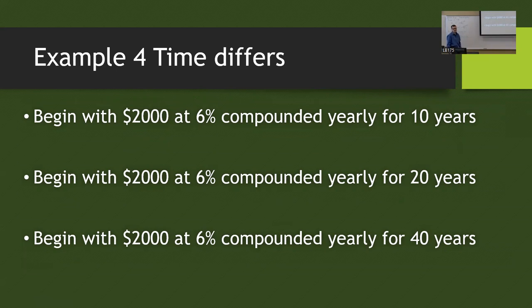But we'll invest $2,000 again here at 6% interest compounded yearly. One time do that for 10 years, and then on the second time, do that for 20 years. We'll double it. Doubles are pretty easy to deal with.